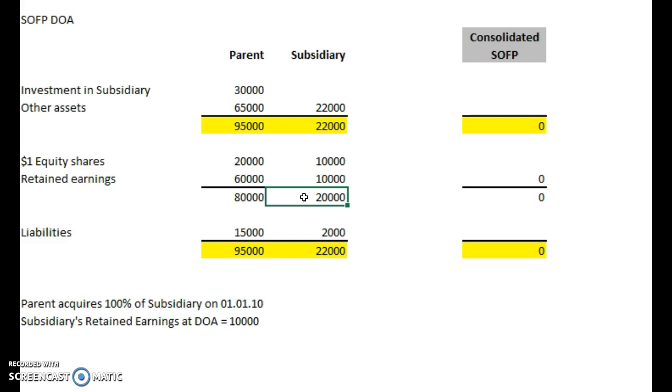Now the parent, as we see here, has paid 30,000. So they've paid 30,000 for net assets of only 20,000, which means there must be some other element that they've paid for on acquisition, which doesn't appear on the subsidiary's balance sheet.